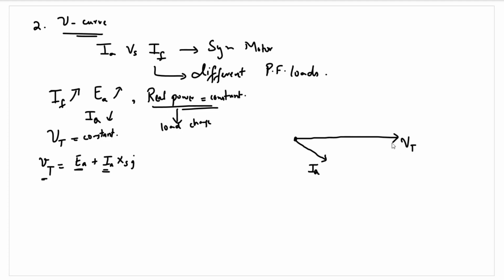We are assuming there is no armature resistance, so Ia Xs will be somewhere here. Ia Xs axis will be somewhere around this point. So this is the Ia axis. Accordingly, our Ea will be here.